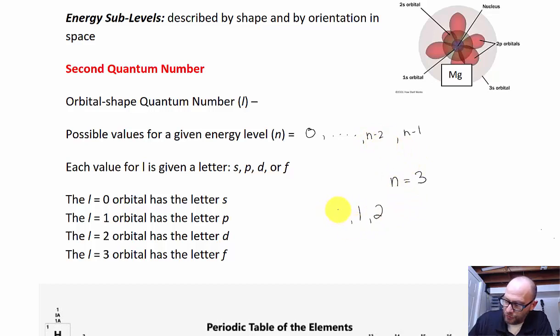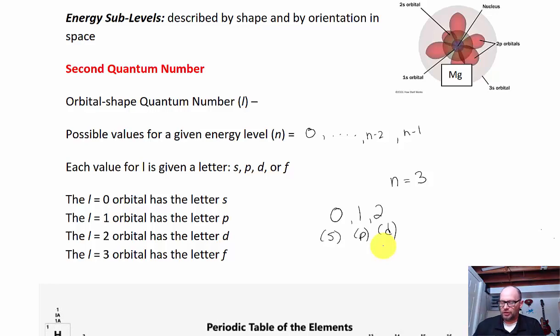And 0. So we've got 0, 1, and 2, which means in principal number 3, I have s-shaped orbitals, p-shaped orbitals, and d-shaped orbitals.